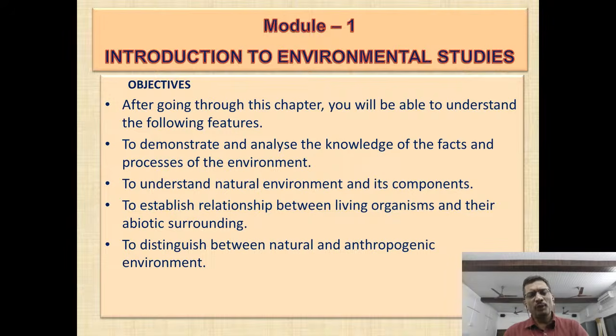However, the anthropogenic environment, which is also considered the artificial environment, is controlled by human beings, for example technological advancements and the different kinds of human activities that people perform, right from driving a car up to cooking food.